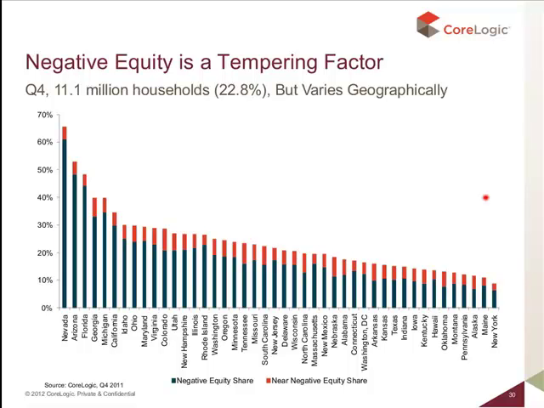We estimate right now about 23%, or 11.1 million households, are underwater. But consider the homeowner today who would want to buy a home tomorrow and get a loan to buy that home. He's going to need 20% equity to put down on the new home, even if he were buying a home of similar value to the one he's selling. He's having to transfer that equity from the home he owns to the home he buys.